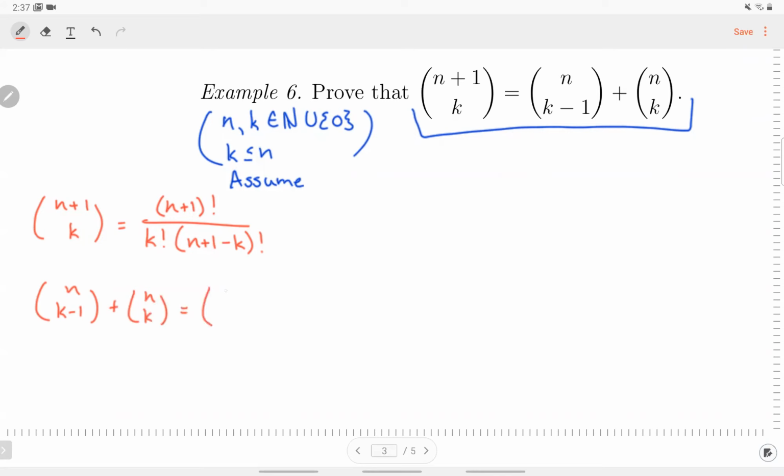Well, that first one will be n factorial over k minus 1 factorial times n minus k minus 1 factorial. So that's the first one. The second one is n factorial over k factorial times n minus k factorial.